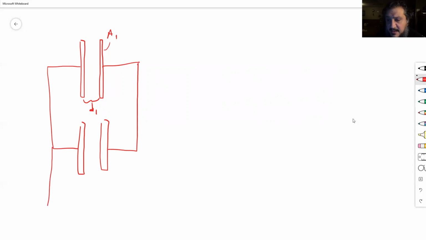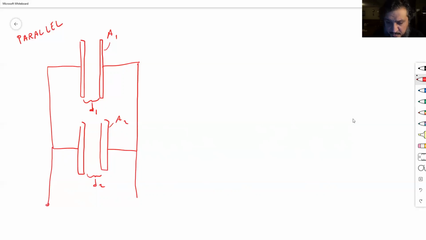You can add many, 2, 3, 4, 5, as many as you want. This is what we call a parallel connection. Capacitors connected in parallel. So this could be A2, and this is maybe D2.